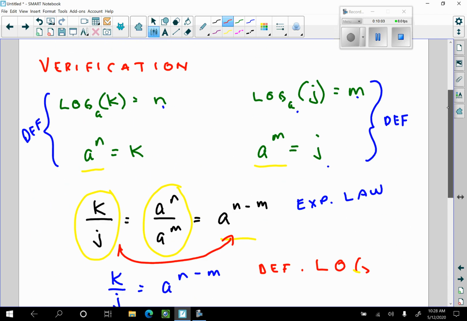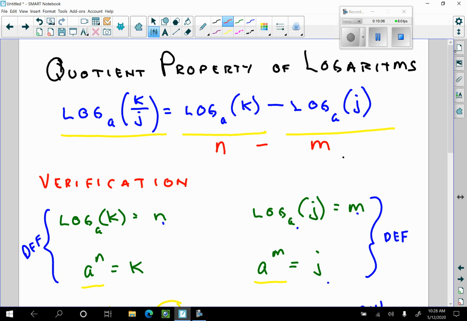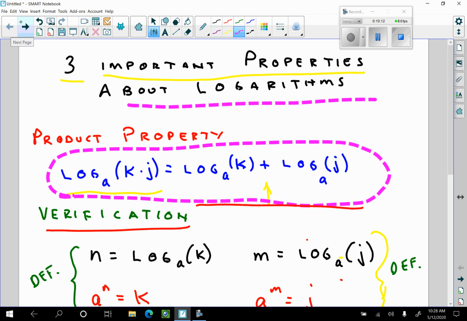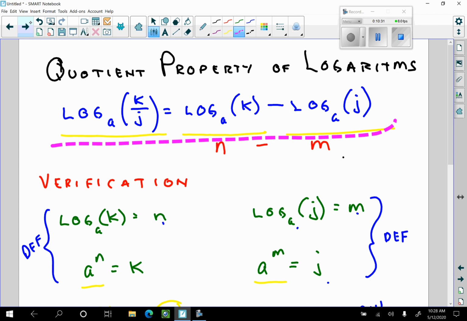So thus far, we have the quotient property of logarithms right here, and we have the product property of logarithms. The product property of logarithms: if you take the log of a product, it's the log of each factor added. You multiply the parameters, you add the logarithms. If you divide the parameters in there, you subtract the logarithms.